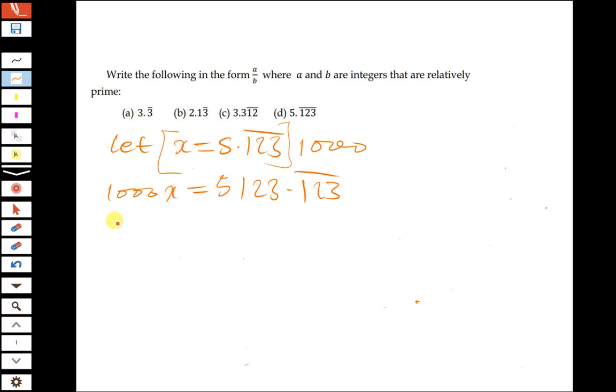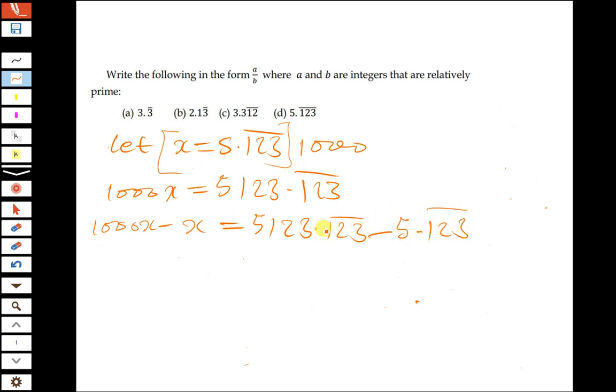So you can subtract 1000x minus x. So we say 1000x minus x is equal to 5123.123 bar, and then you also have minus 5.123 bar.